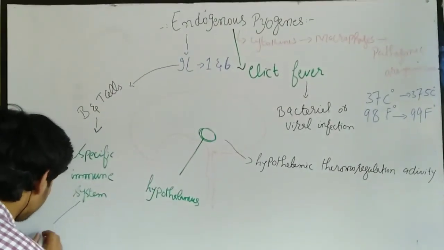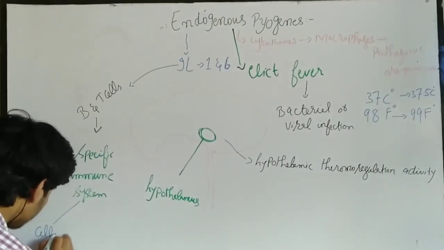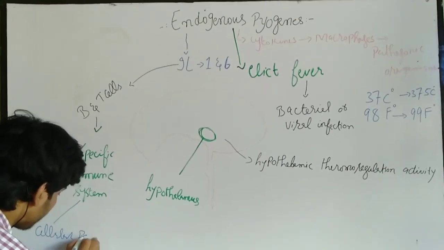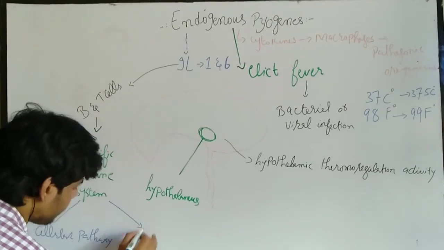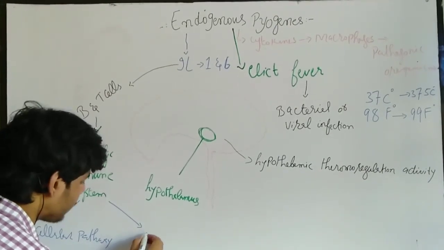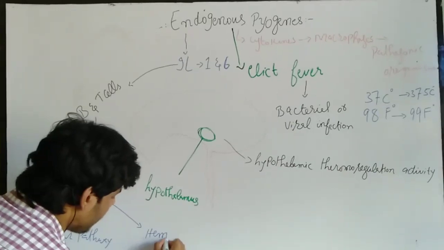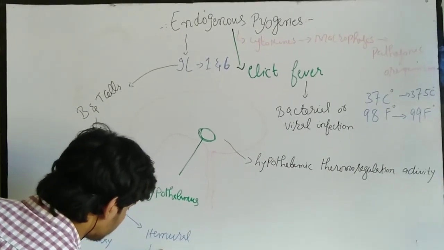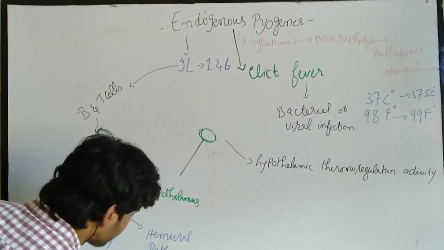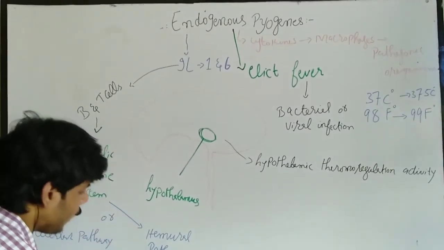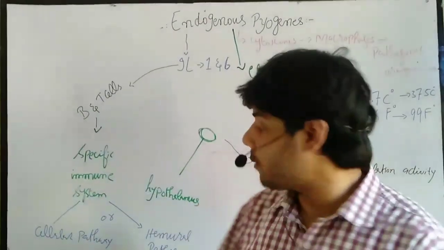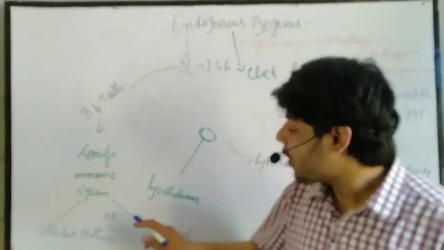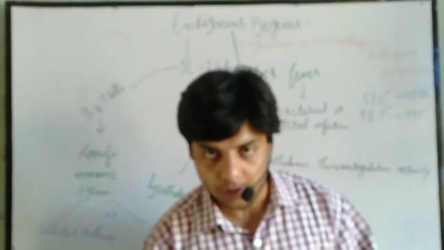Either they activate the cellular pathway, or they activate the humoral pathway. Not both pathways are activated at a time. If you remember, we already talked about this. Now, once only one pathway is activated, then the process will be under control.